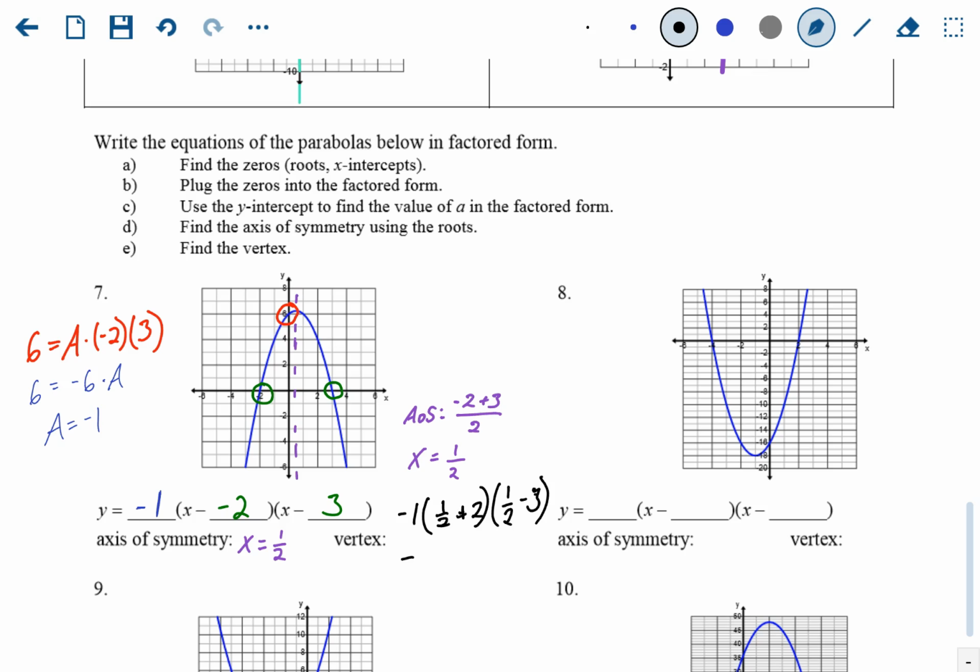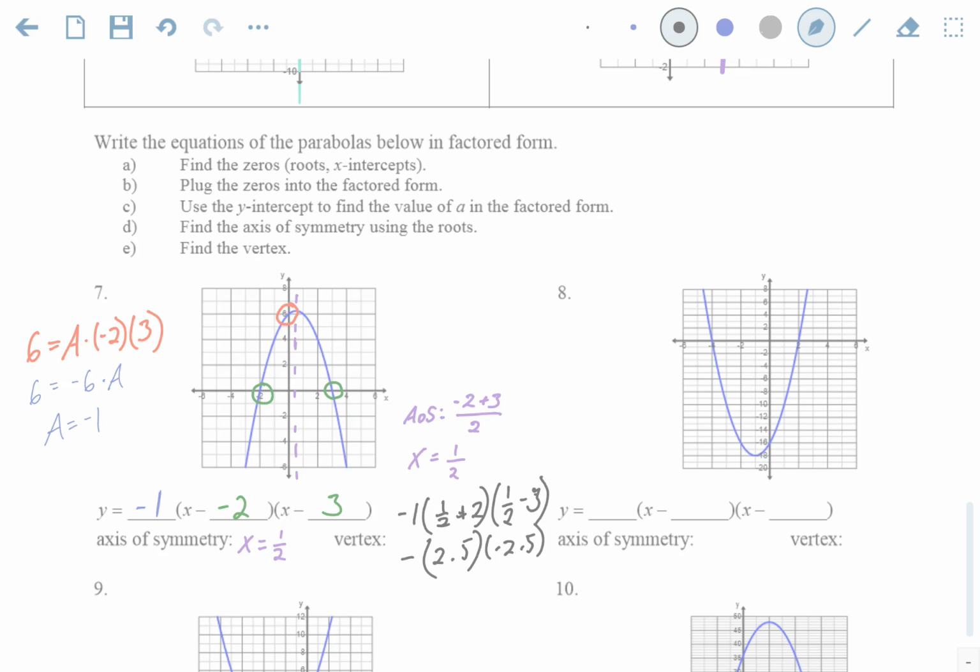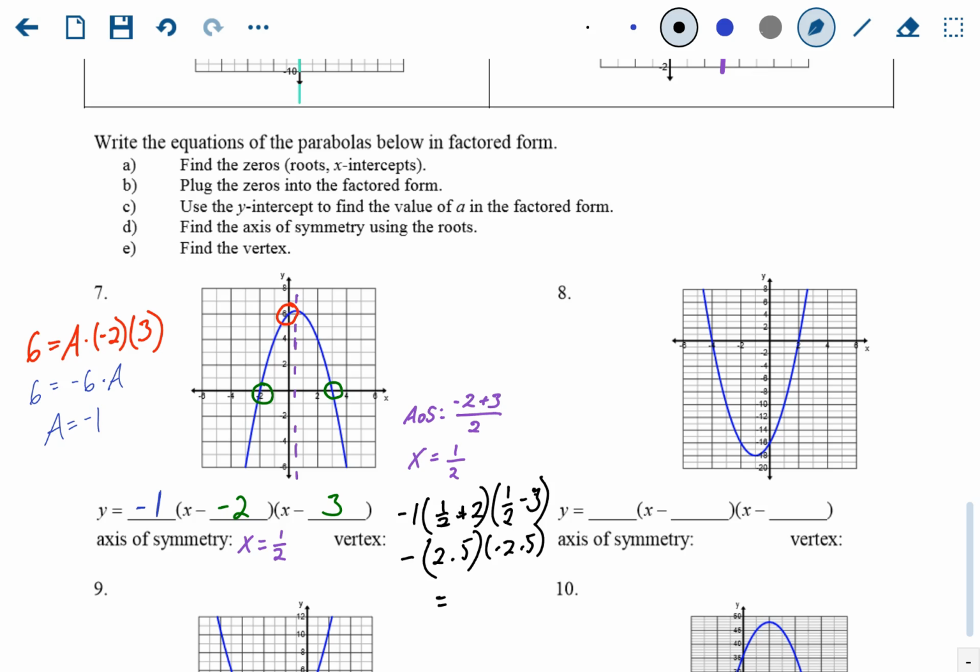So it's going to be -2.5 times -2.5. So 2.5 times 2.5 is just what we expected, 6.25. So our vertex is going to be the ordered pair 1/2, 6.25.